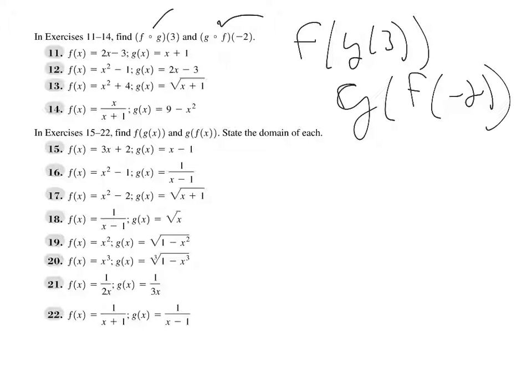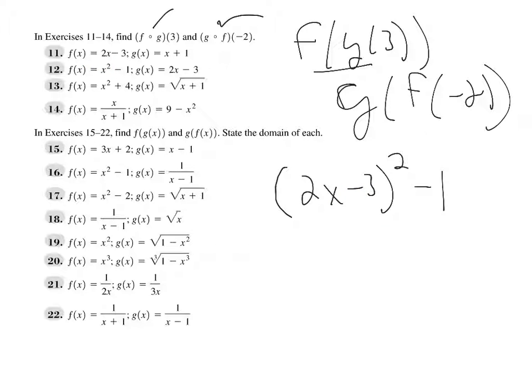So for number 12, for the f of g of 3, I could say, okay, I'm going to substitute the g function into the f function. All I did was take that g function and drop it into the x. Every place I saw an x in f, I rewrote it that way, and then I could clean it up.